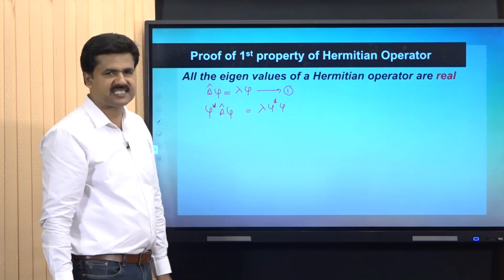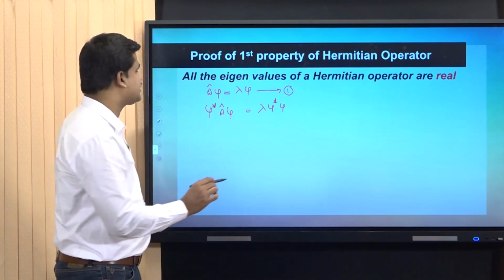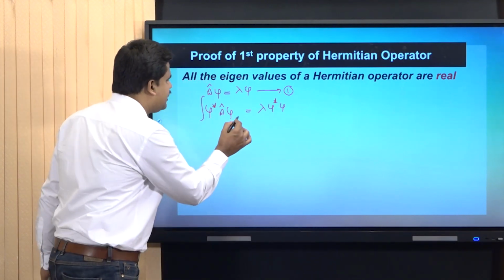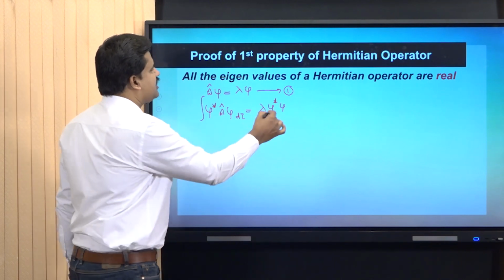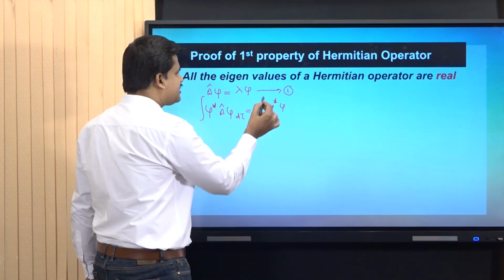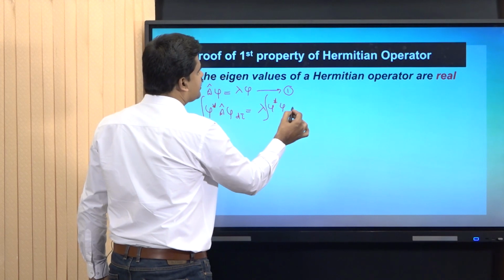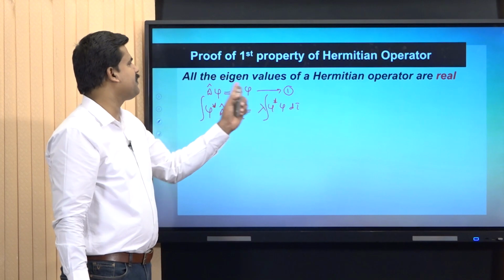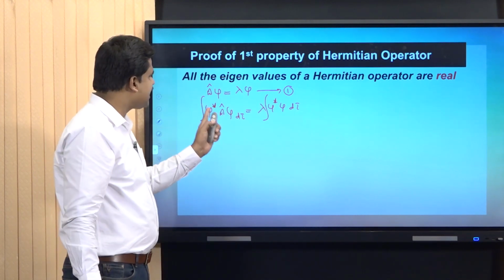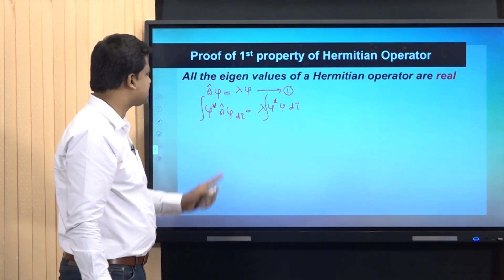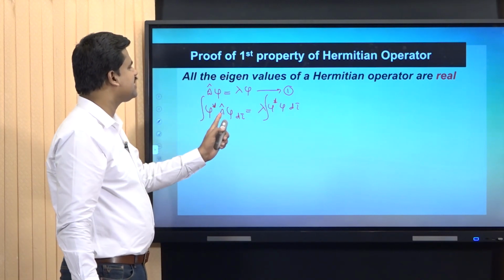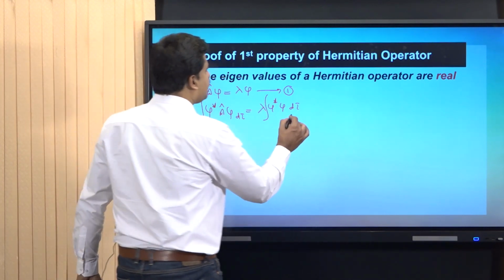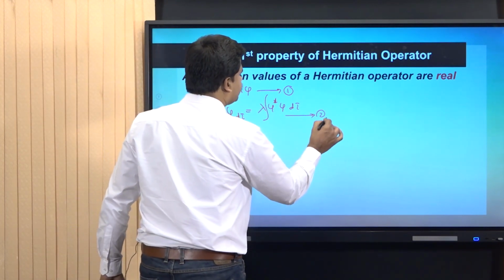The limit is from minus infinity to plus infinity, with d tau here. Lambda can be taken outside the integral sign. So what I did here is left multiplying equation 1 with psi star and integrating over space. That is, I got the integral of psi star A hat psi d tau equal to lambda times the integral of psi star psi d tau. I mark it as equation number 2.